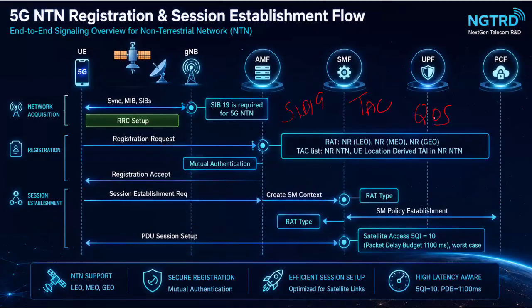These additional upgrades help in seamless integration of various orbits like LEO, GEO, MEO, right? And it provides a reliable connection for remote connections, disaster recovery, maritime, etc. So this is the high-level call flow of NTN networks.